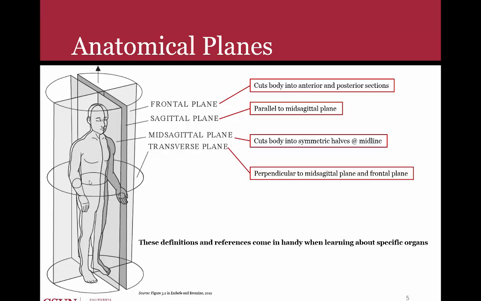And then you have a transverse plane, the circle one here, that's perpendicular to the mid-sagittal and the frontal plane. Again, you can have a frontal plane and another parallel plane to the frontal plane, and also to the transverse plane. So if you wanted to image something on the heart, you can use transverse, mid-sagittal, or frontal plane, or anything parallel to each of those planes to take an image of the heart.